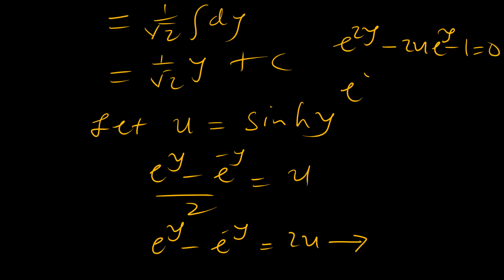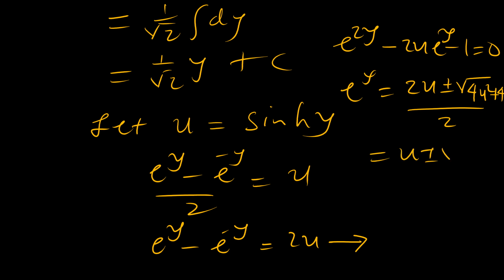So e to the y would be equal to 2u plus or minus the square root of 4u squared plus 4, divided by 2. And we can pull out and we have u plus or minus the square root of u squared plus 1.